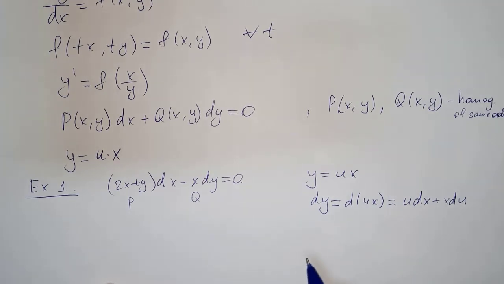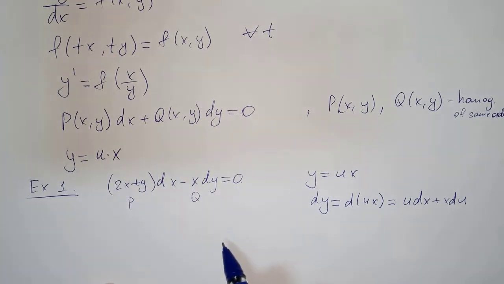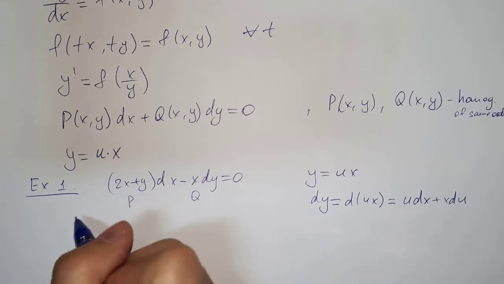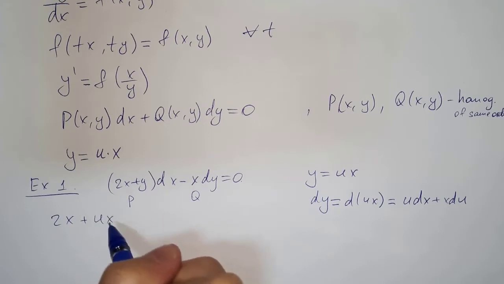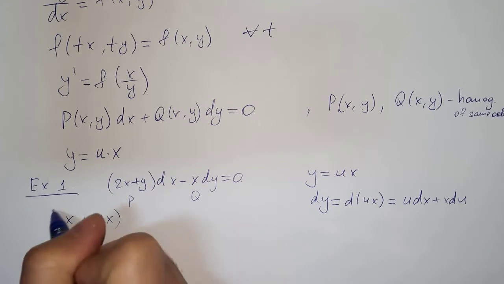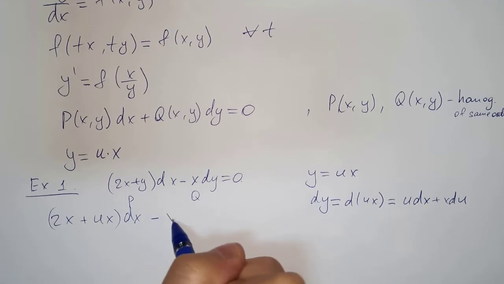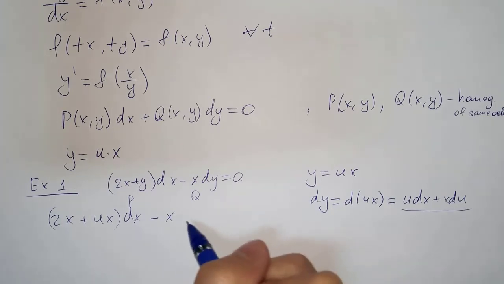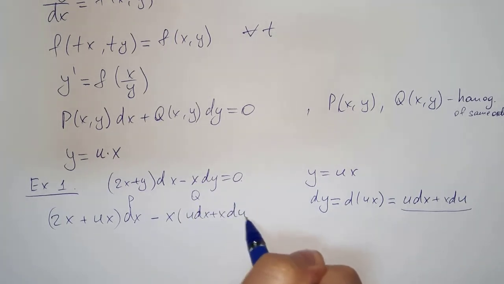And substituting this into our differential equation, we obtain (2x plus ux) dx minus x times (u dx plus x du) equals 0.